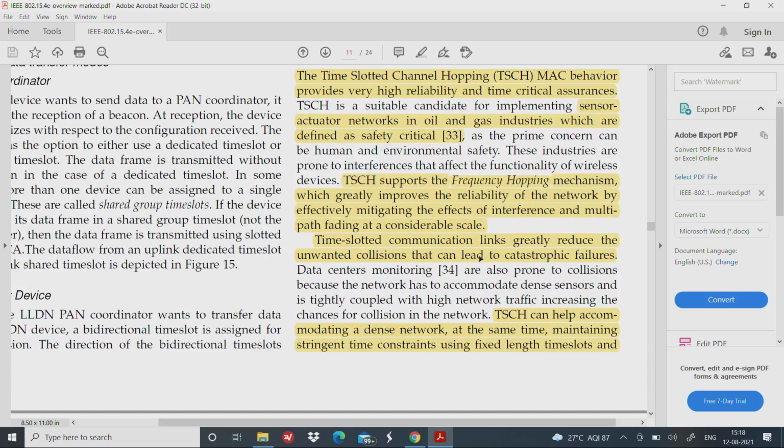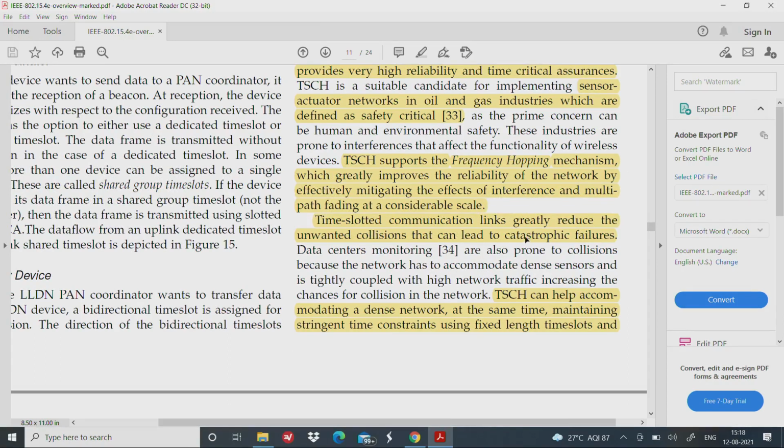When you do frequency hopping, you are not transmitting on just one frequency, as I mentioned earlier, it is able to hop across frequencies, and there is a schedule for hopping. Time slotted communication links greatly reduce the unwanted collisions that can lead to catastrophic failures.